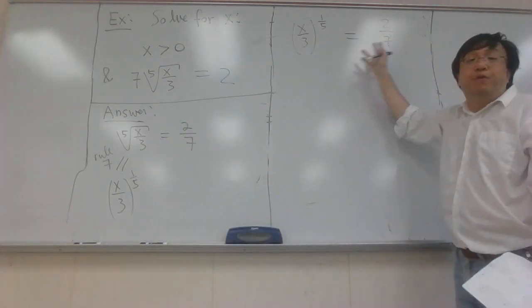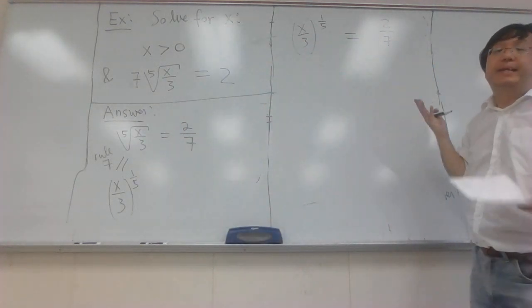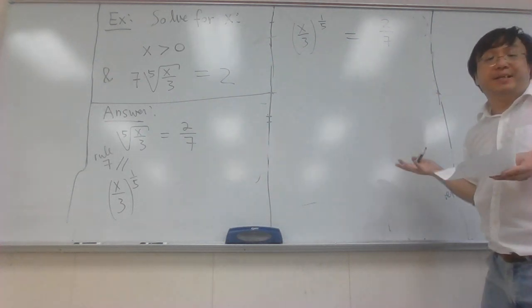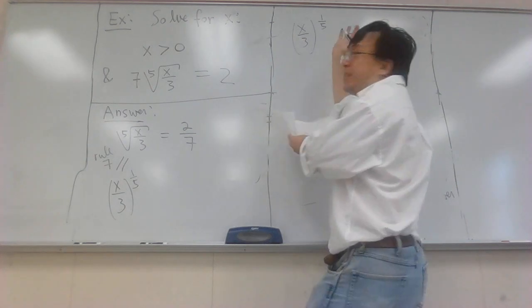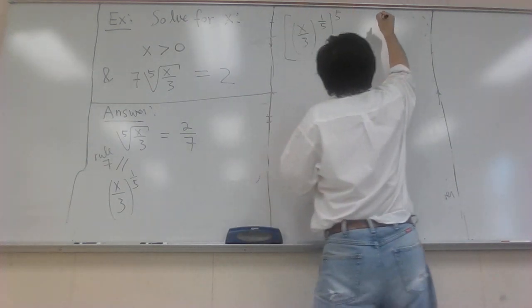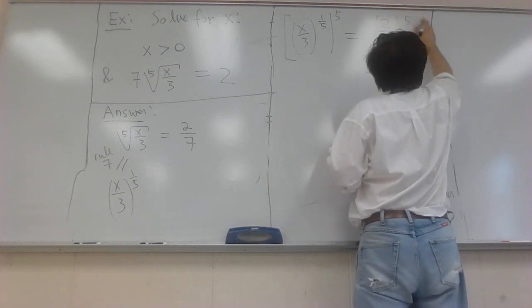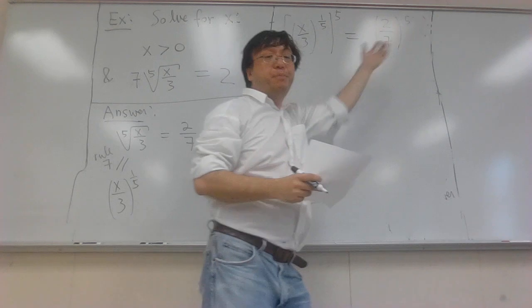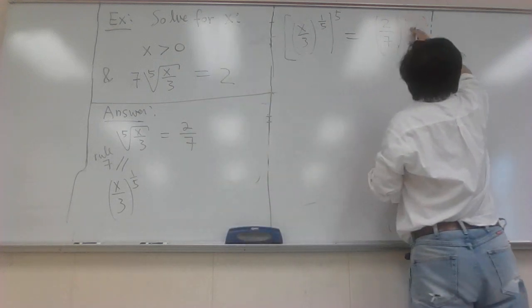That's what we have from here. And I take both sides to the 5th power. Again, I'm just writing down the answer, and I'll give you a little bit more explanation in a few minutes. So take this side to the 5th power, and take this side to the 5th power.